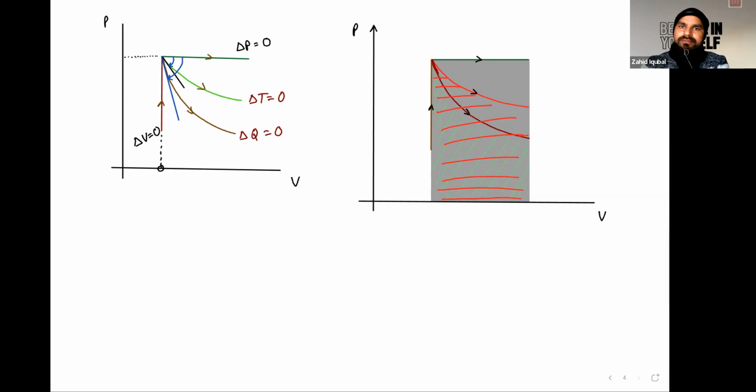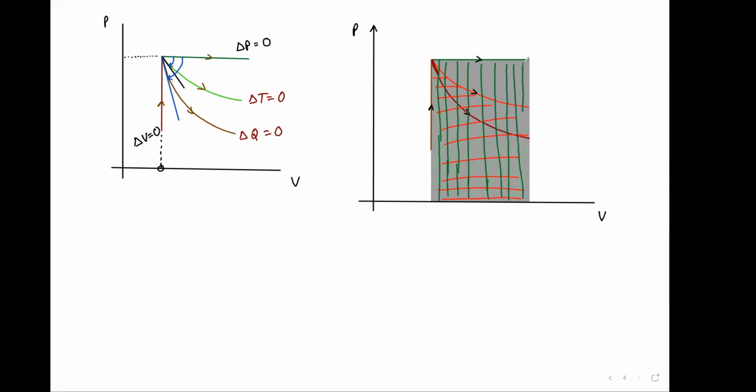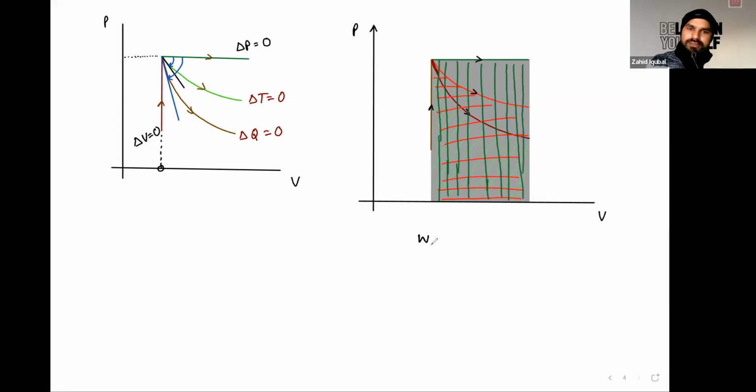And for isobaric, area will be the entire curve. So which process is covering maximum area? Isobaric. Good. So we can say work done in isobaric will be maximum.